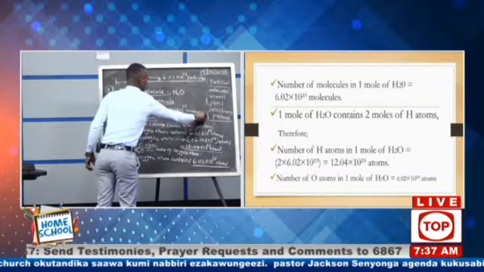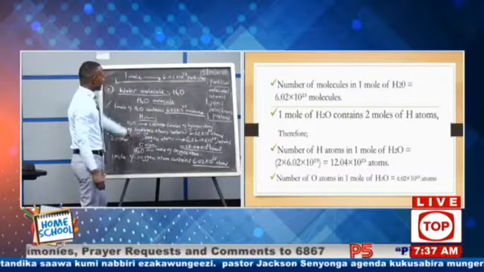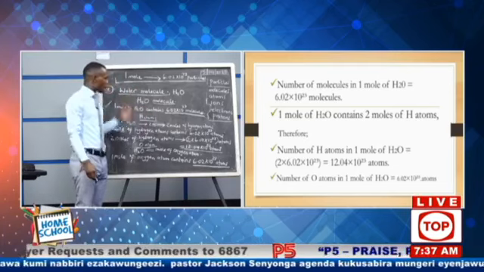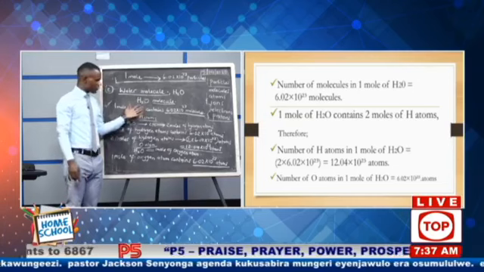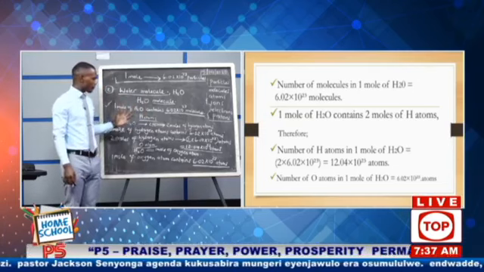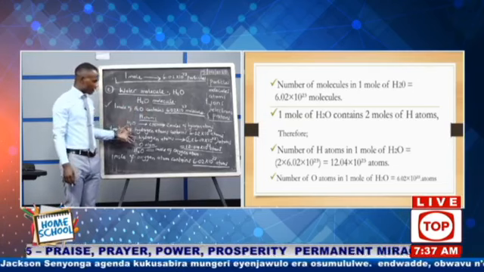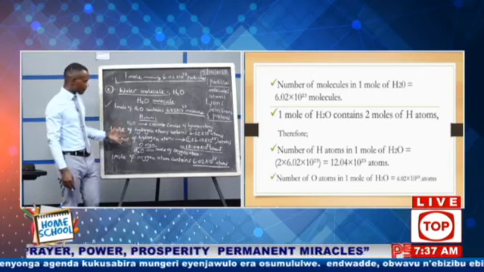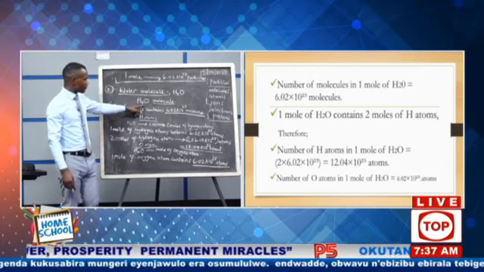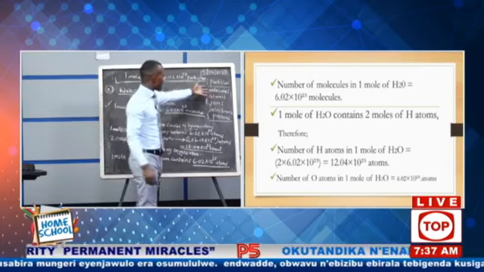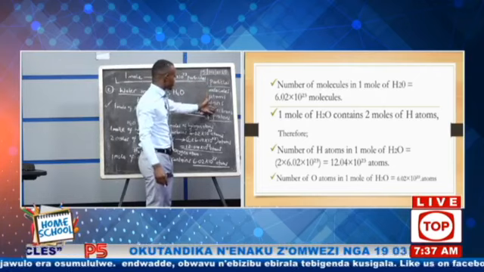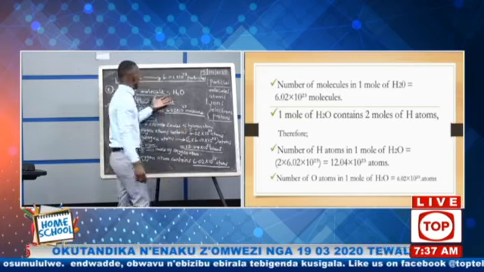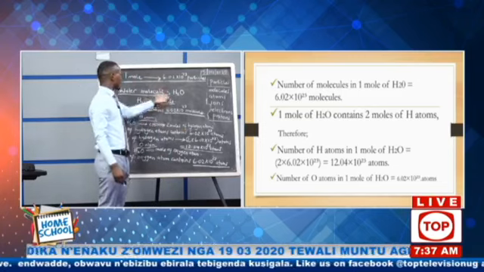Okay? So, when they say calculate the number of particles in a water molecule, they have not been specific. So you have to calculate all the atoms in order to get all the marks needed. You go and say, what are the particles I need to calculate for? Molecules, atoms, ions, electrons, protons. Then you find out, what do I have here? I have a molecule.